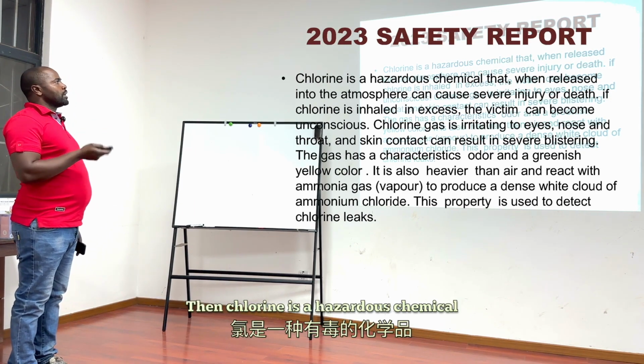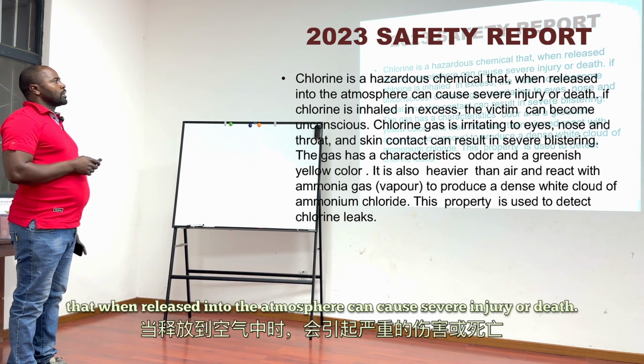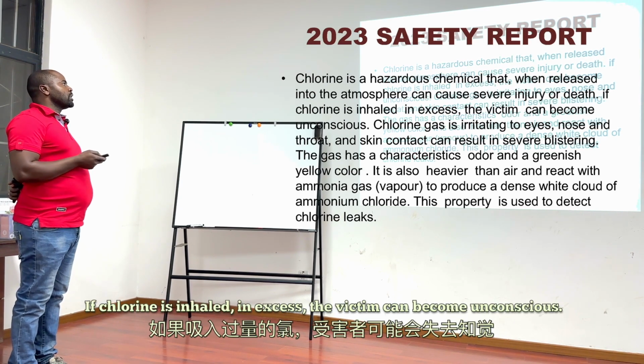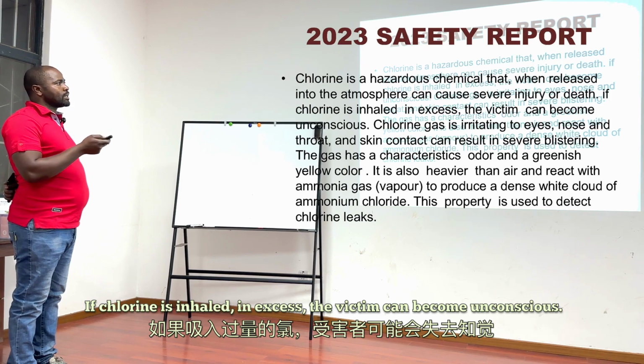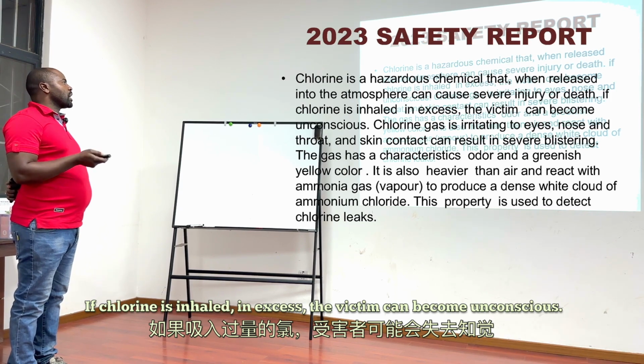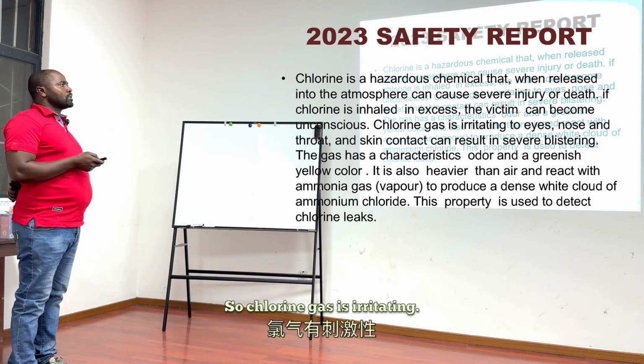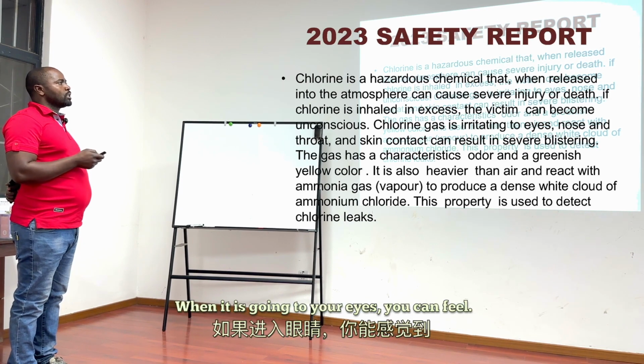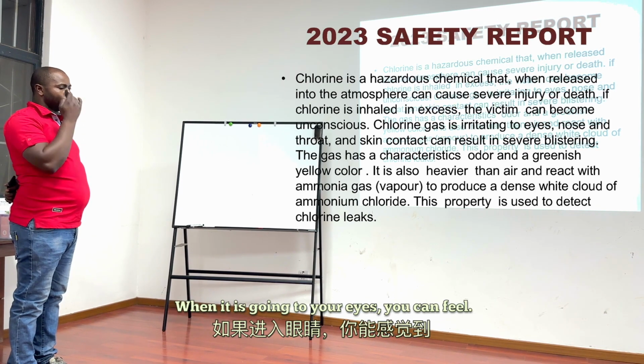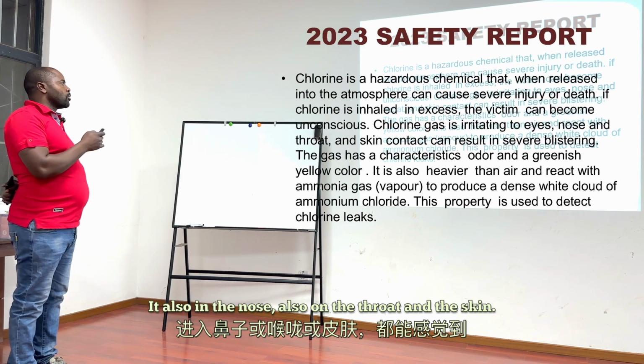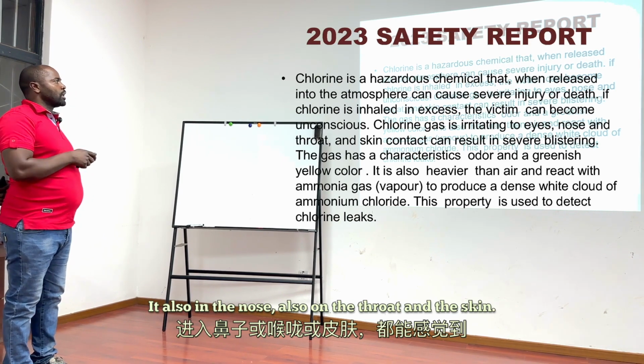Chlorine is a hazardous chemical that when released into the atmosphere can cause severe injury or death. If chlorine is inhaled in excess, the victim can become unconscious. Chlorine gas is irritating: when it gets into your eye, you can feel it, also in the nose, throat and skin.